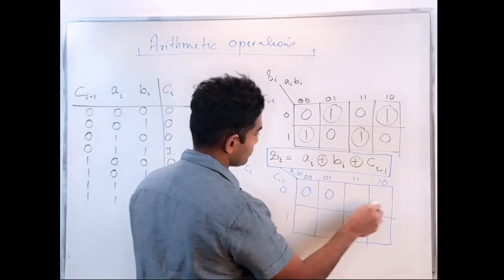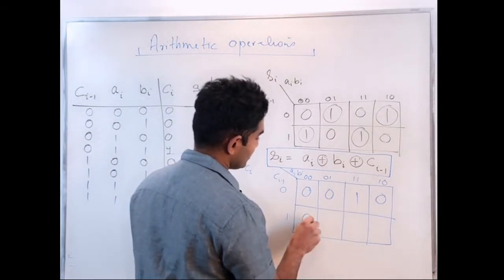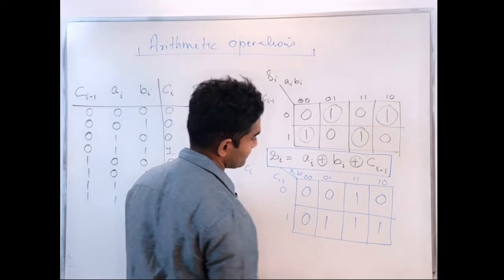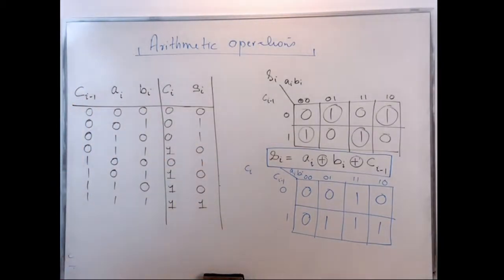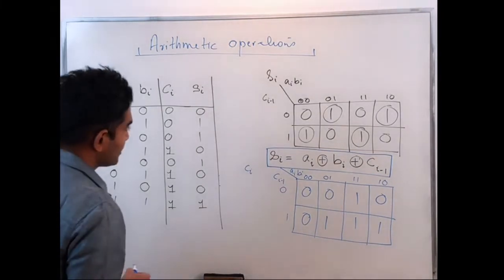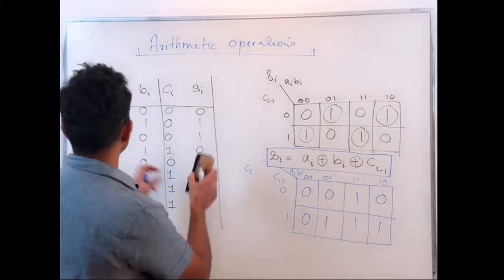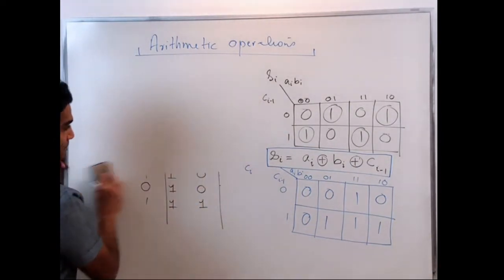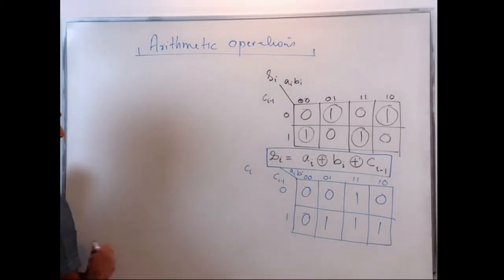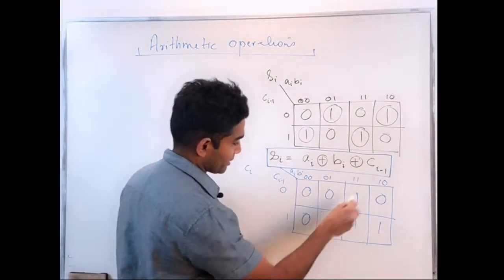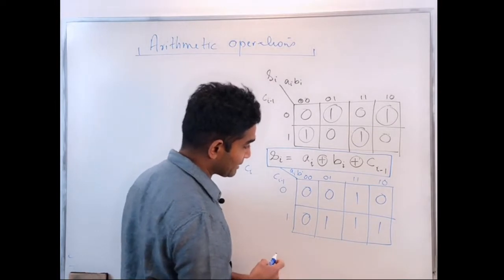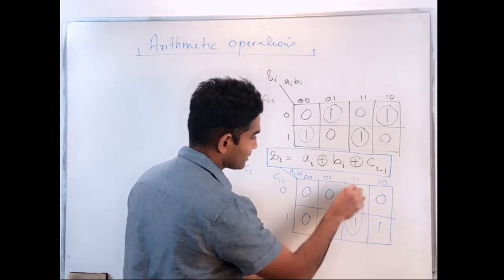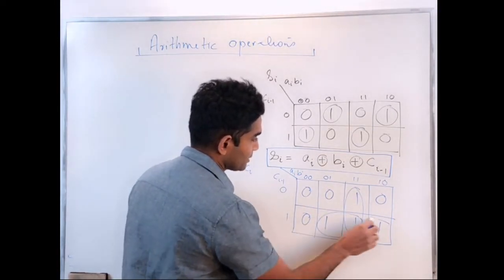Okay. So what is my Ci? I don't need this truth table anymore. Here I have adjacent cells, so I can combine adjacent cells. Choose one of them. That's another one.